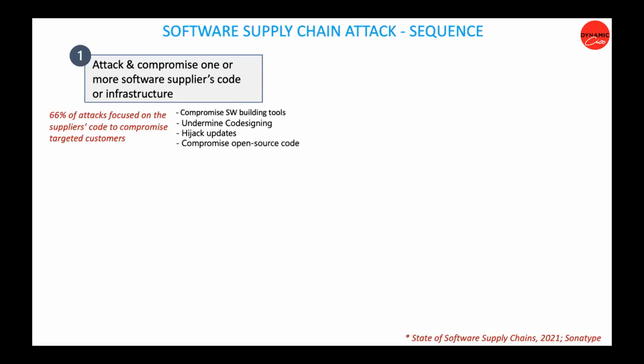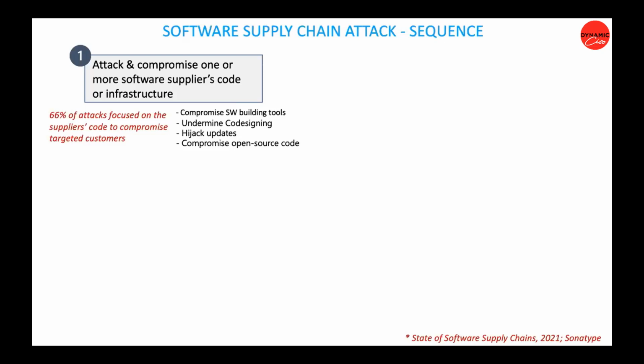That's a software supply chain attack, from the 2021 Sonatype report. Normally what they do is compromise software build tools like Jenkins and others. In SolarWinds, the build server was compromised, and it kept putting the Sunburst malware in with every build.